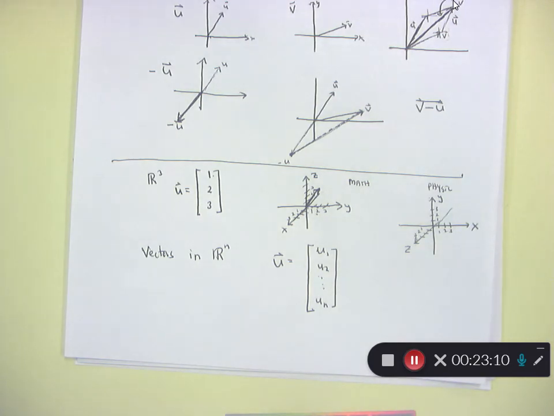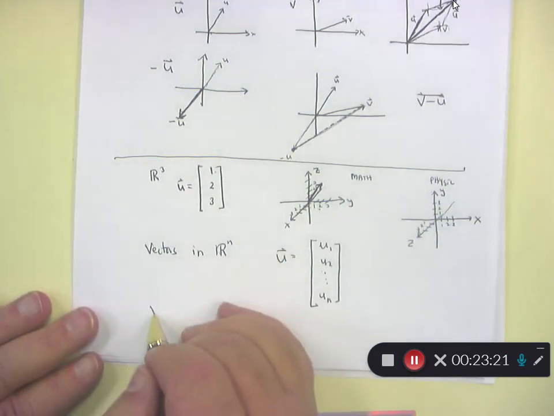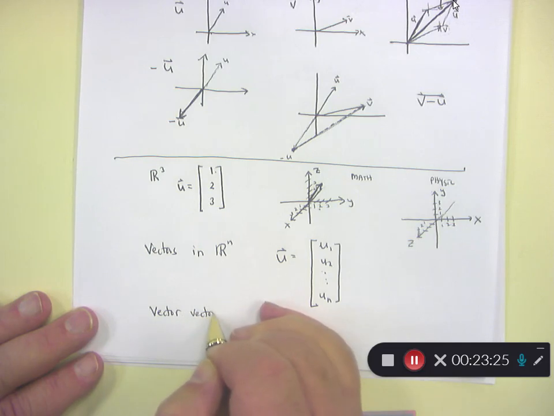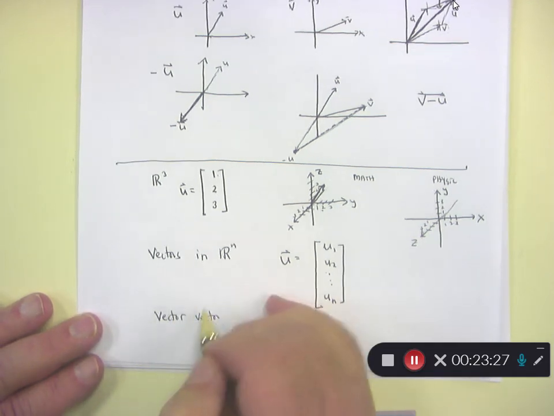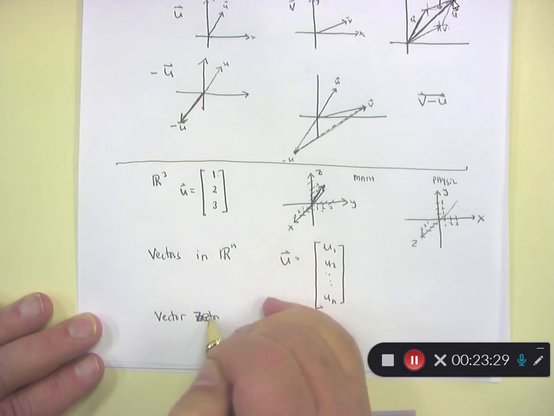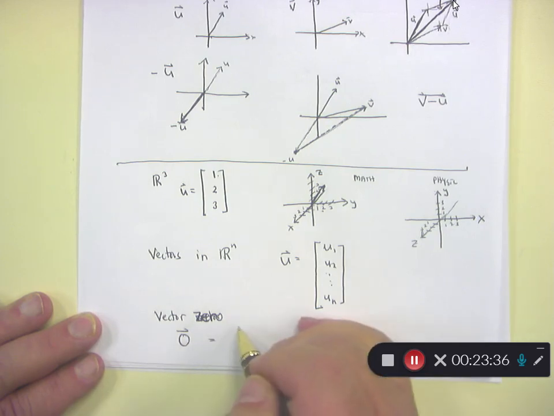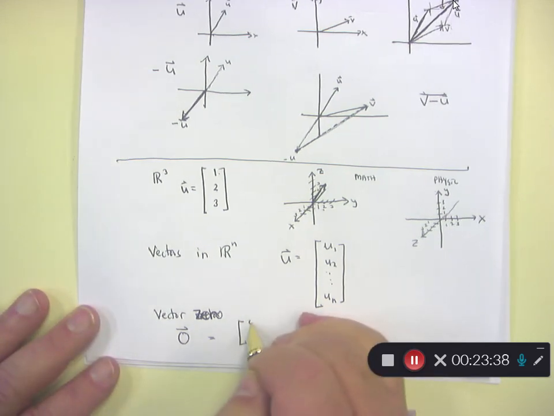All right, so the problem is in higher dimensions, you can't visualize this type of stuff. But you do have some properties of these vectors. For example, the zero vector. We would write the 0 vector, and this would be literally 0, 0, dot, dot, dot, 0.